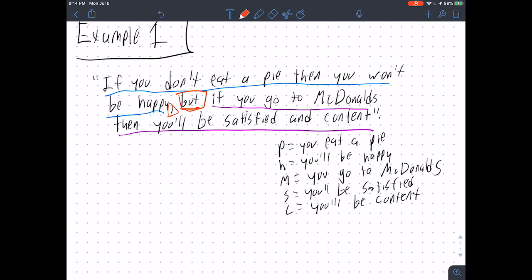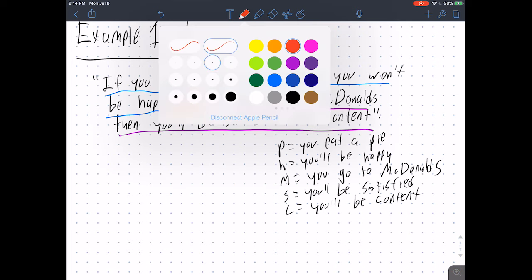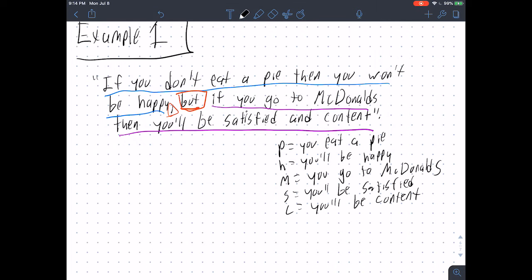So let's look at the first group, that if you don't eat a pie, then you won't be happy, right? So we have P for you eat a pie. So if you don't eat a pie, that's a negation of you'll eat a pie. So not P, right?